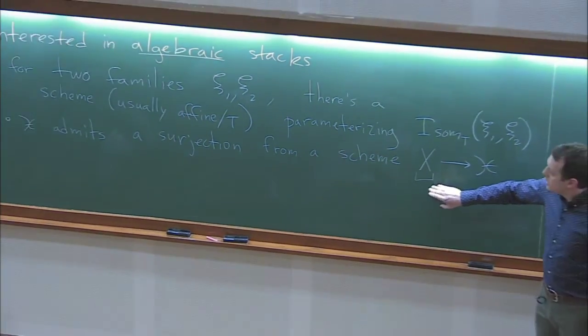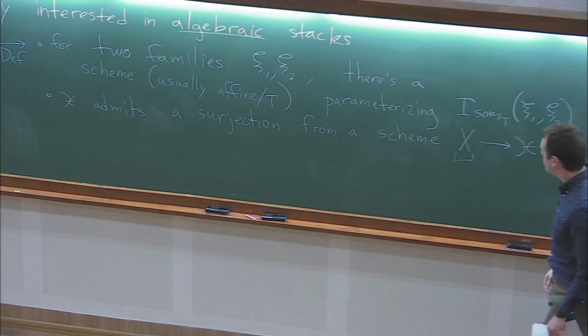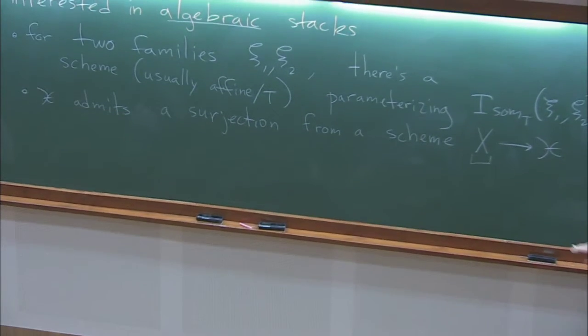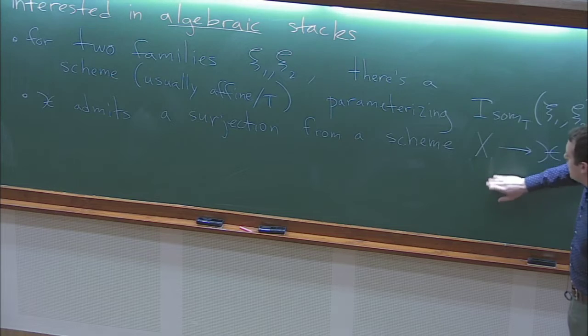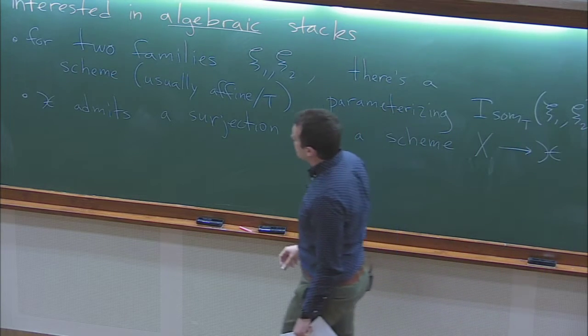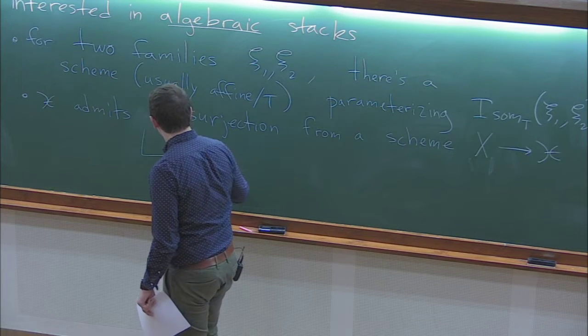Here is a moduli problem, just some sheaf of groupoids on the category of schemes. And now this looks like a construction that you have to do: what this means is that there's a universal family over some scheme X. That looks like an extra condition, but the first instance of this philosophy, where constructions are replaced by conditions, is what's called Artin's criteria.